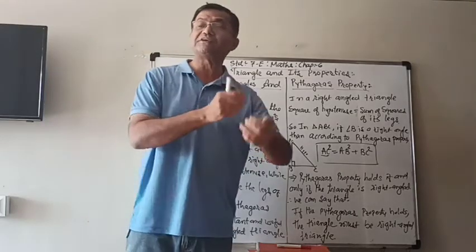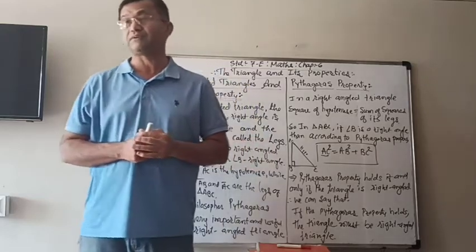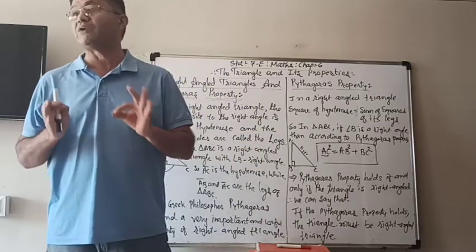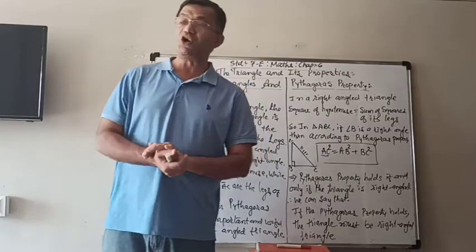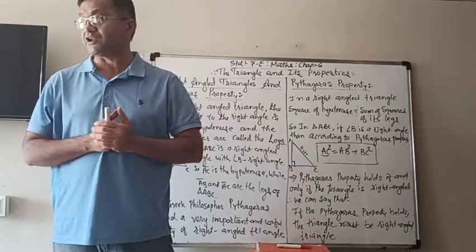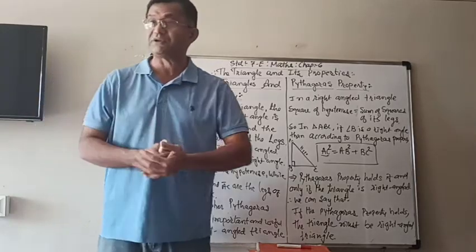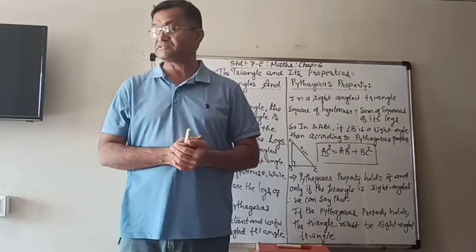Now we can go reverse also. If the three sides of a triangle are given, but we don't know whether it is a right angled triangle or not, then we can check which side is the longest, make the square of it, and the sum of the squares of the other two sides.